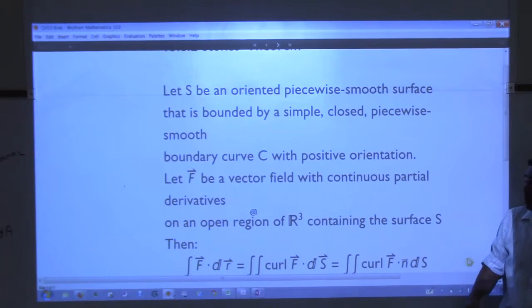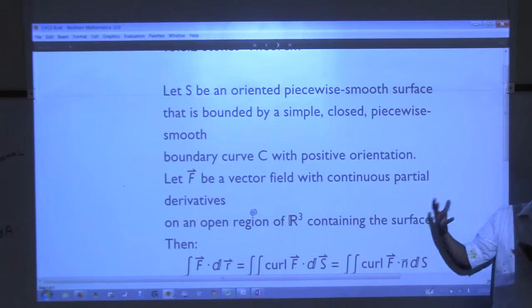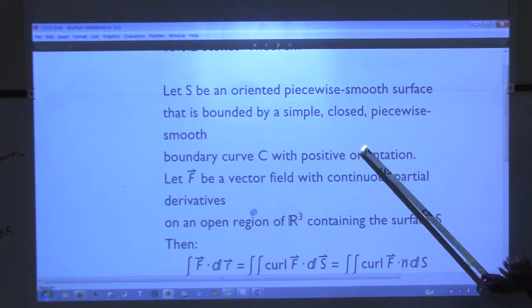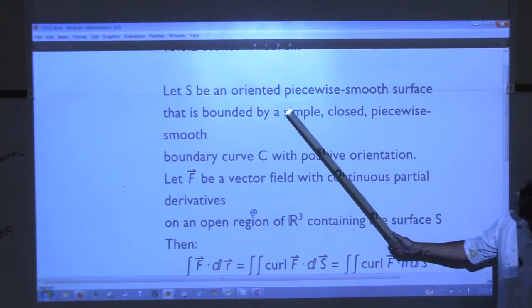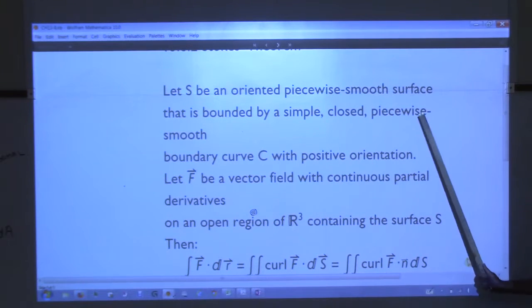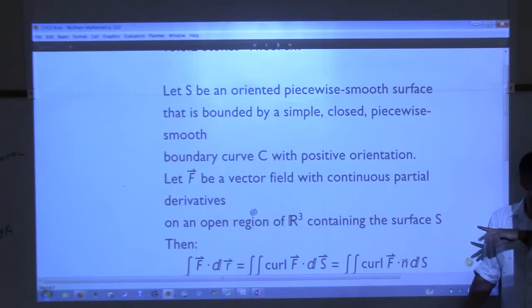Because some mathematician will say, oh, this theorem doesn't work with this function, and they'll create some crazy function that breaks the theorem down. So we have to add all these conditions to make it work. All right? So, a piecewise smooth surface that is bounded by a simple closed piecewise smooth boundary. Same thing, just to make sure everything stays together.